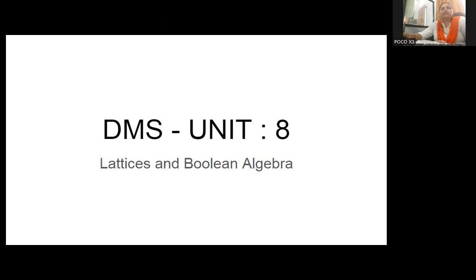In that algebraic system monoids were there, submonoids were there, groups were there, semigroups were there, and in the 7th unit we saw groups. Now unit 8 is lattices. This is one more type of algebraic system, and Boolean algebra is again a different part from that.